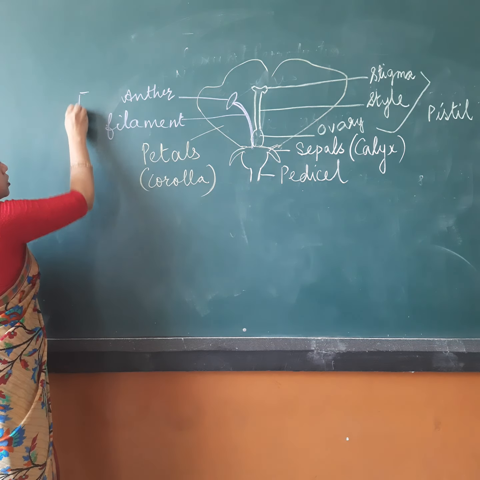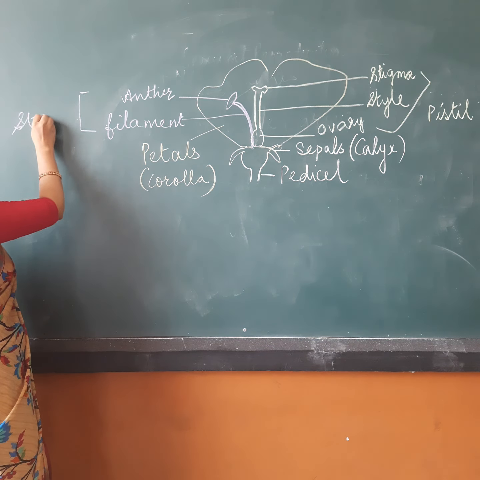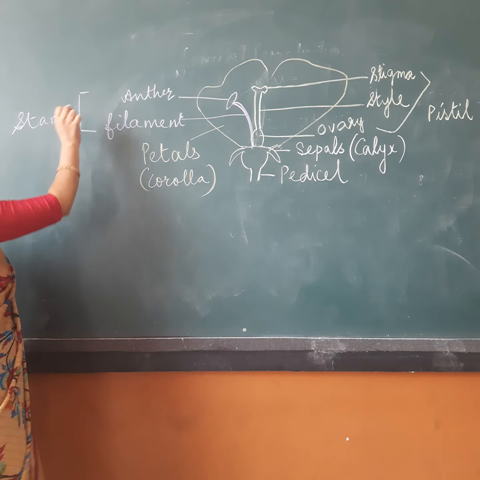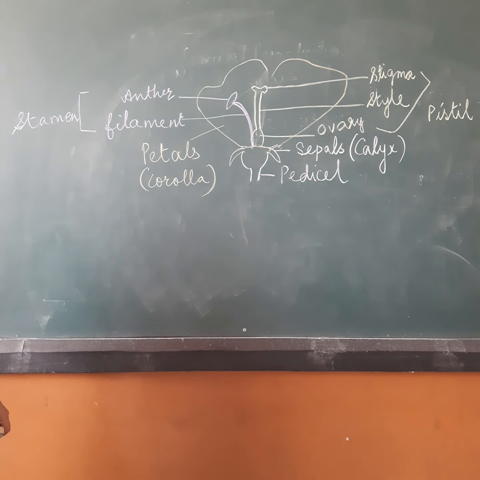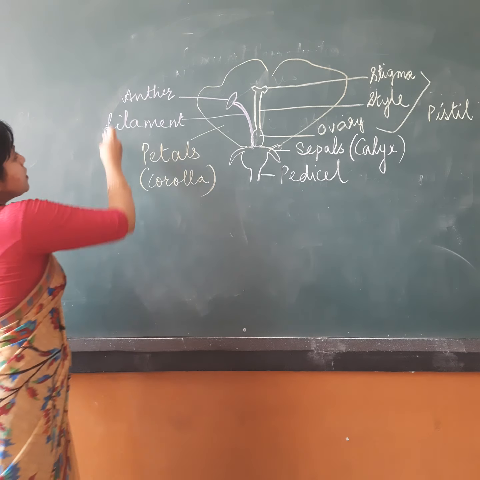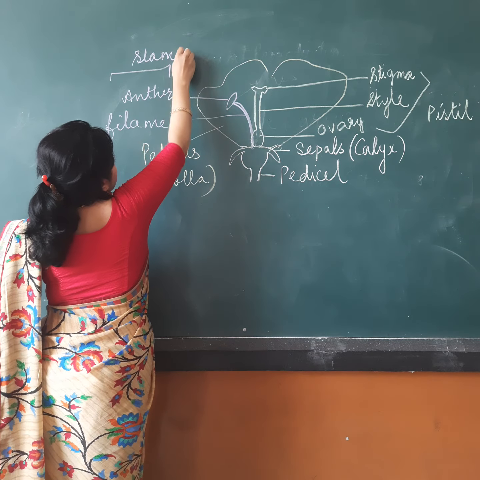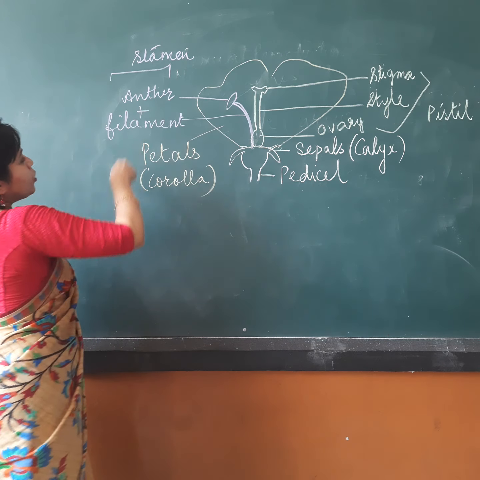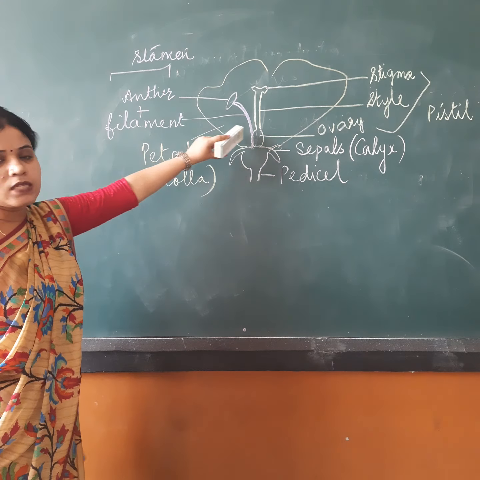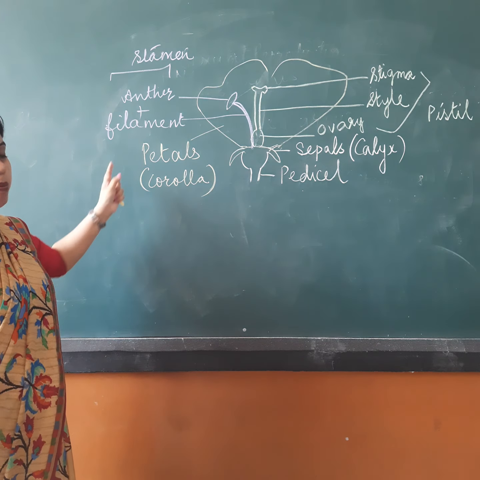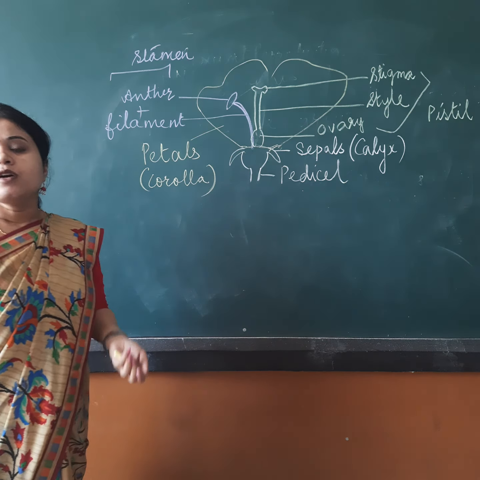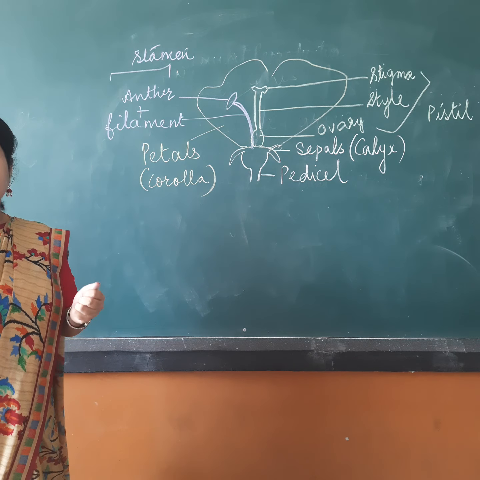These two structures together will form your stamen. I will write stamen here because I think you won't be able to see it. So these structures together, anther plus filament, form the stamen. So these are the parts of the flower which you have to learn in class 10.